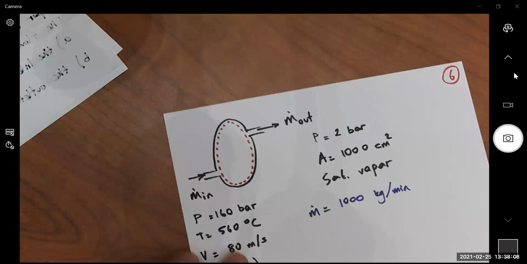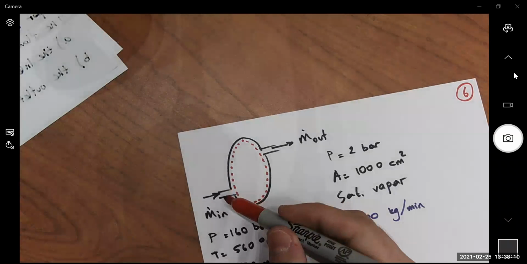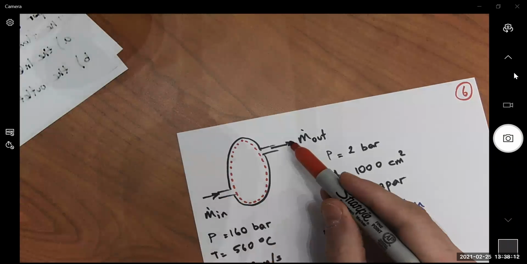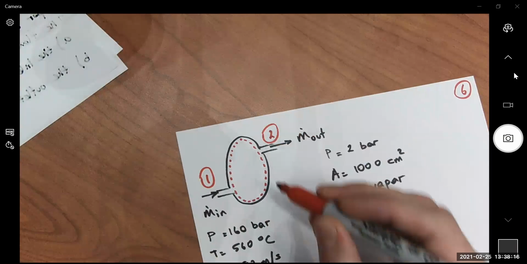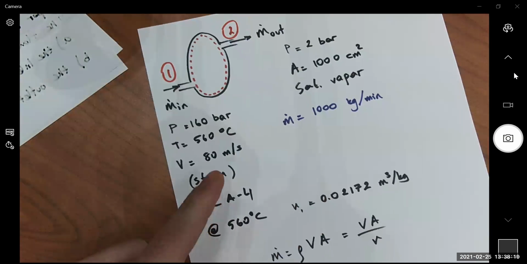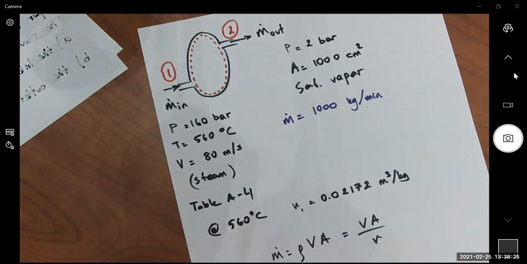You can call it A1, or I, E, or O, or you can say 1, 2. A1 equals mass flow rate times specific volume over velocity.